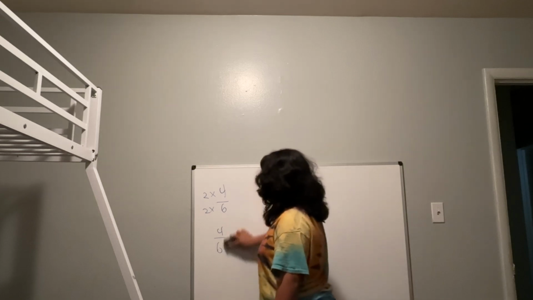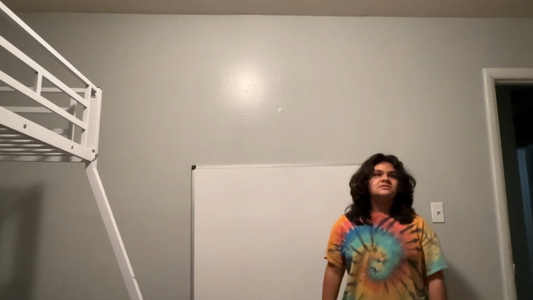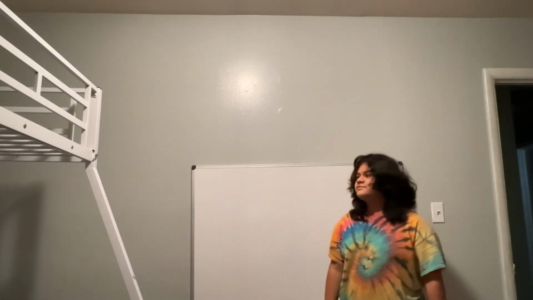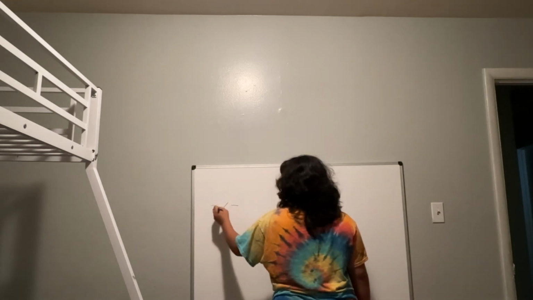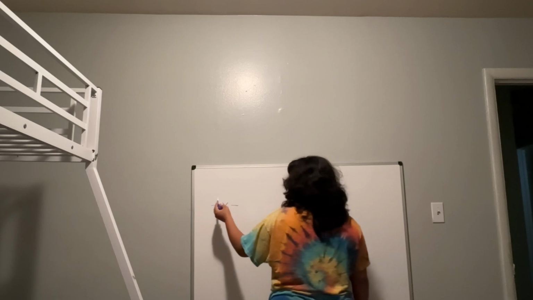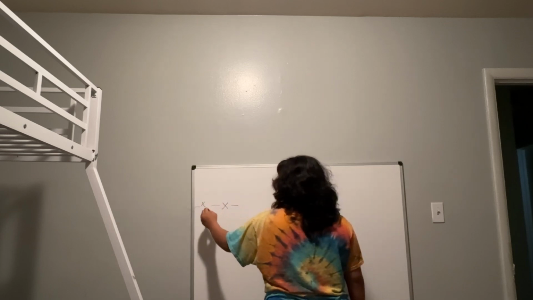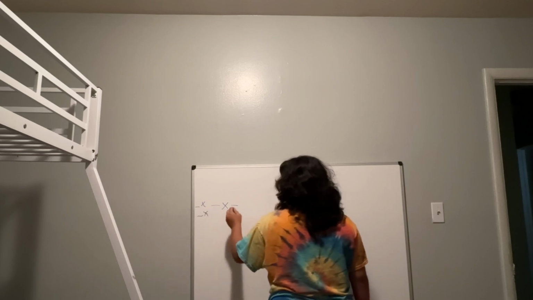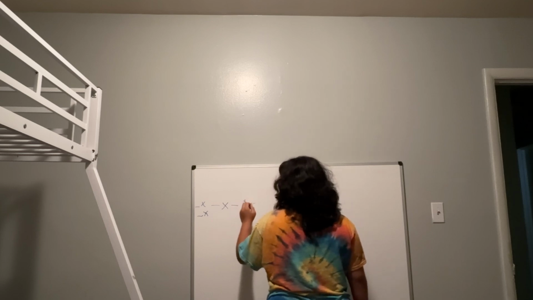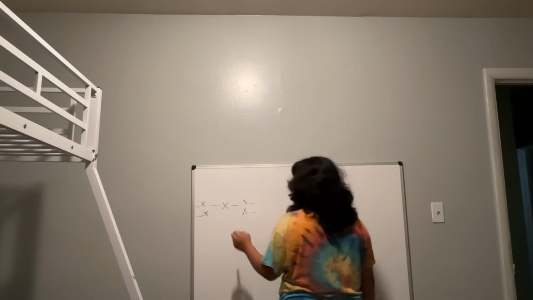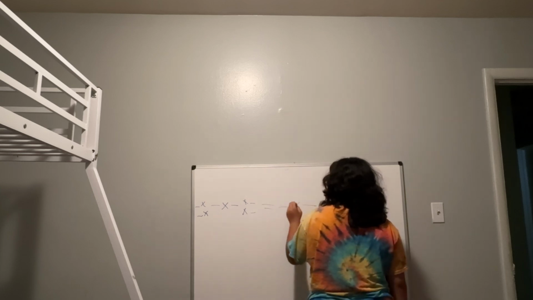It's basically the same thing for times and stuff, but the formula for it would be those. Let's do times first. Fraction times fraction. You would times the top by the top, and the bottom by the bottom.